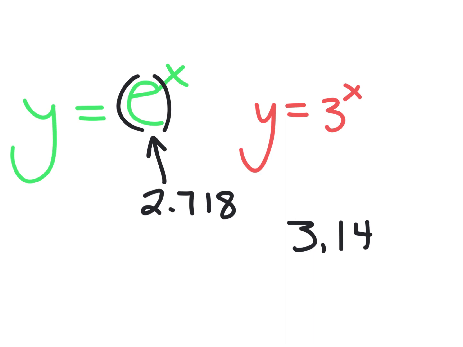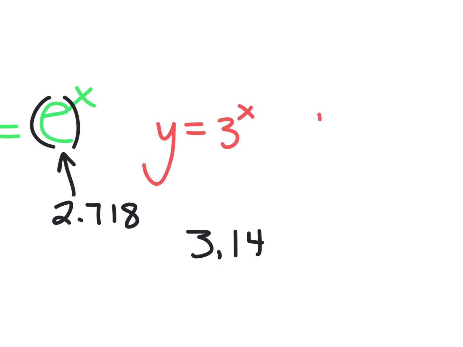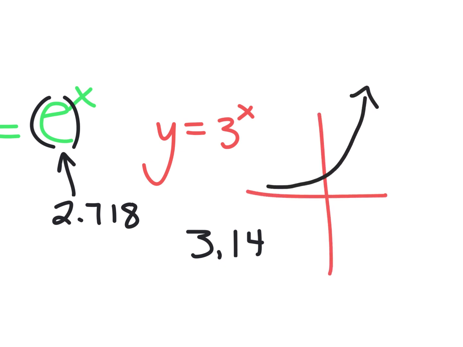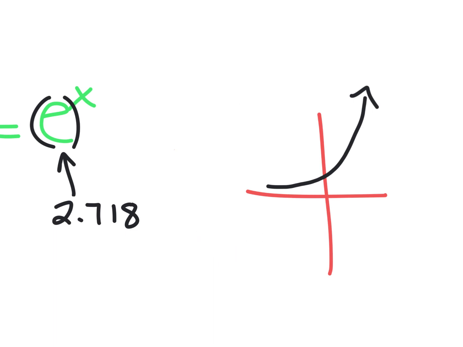So you already know what it looks like. You already know it's one of these graphs that goes like this. And could you make points for it? Sure. But if we're going to actually make points, we can't just say it's 3 to the x. We have to say it's e to the x, and we'll make points for that. We know it's about 3.